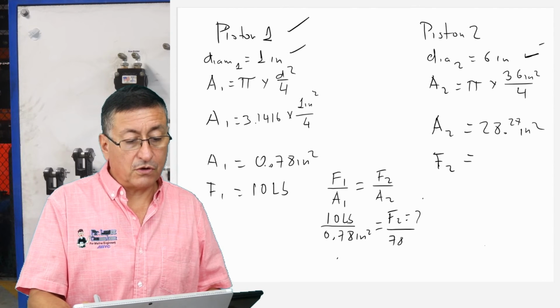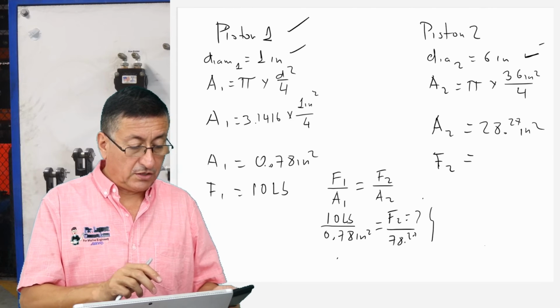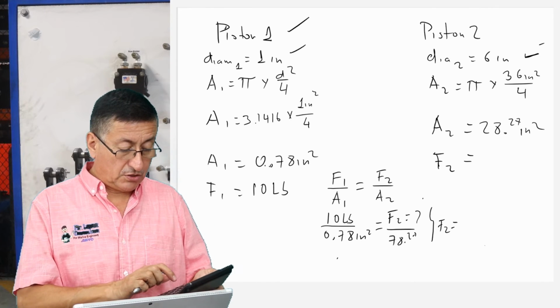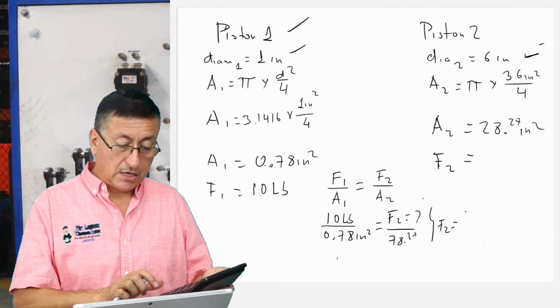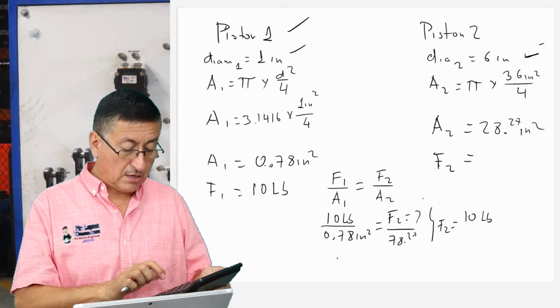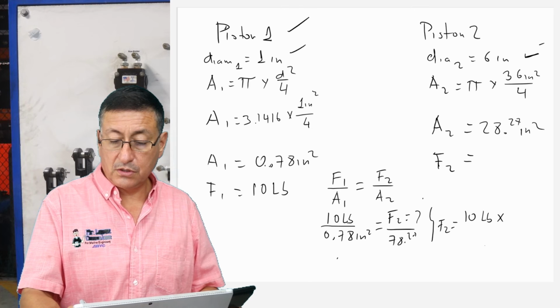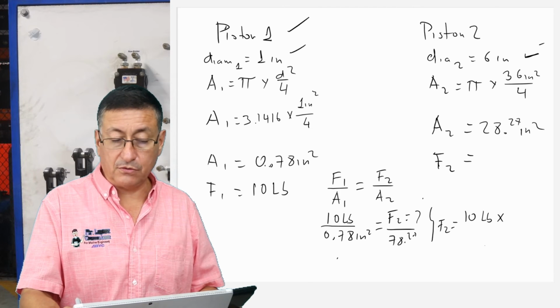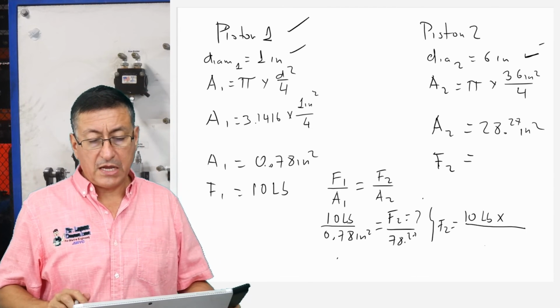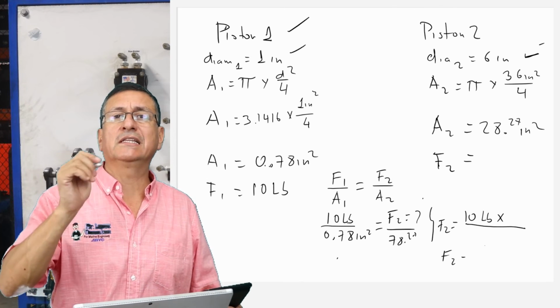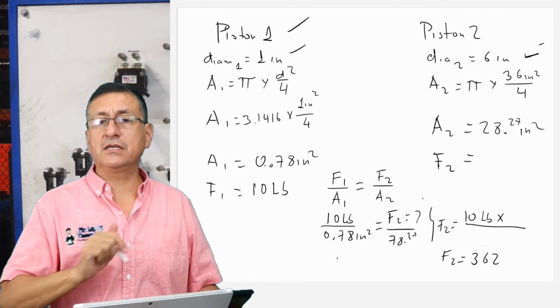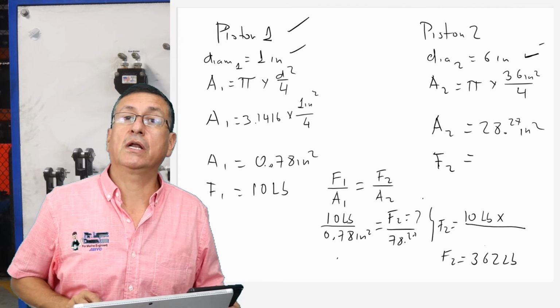Okay, the force number 2 is equal to 28.27 times 10 divided by 0.78, which is 362 pounds. It's probably off because of the decimals, but exactly, this is the procedure to calculate the force.